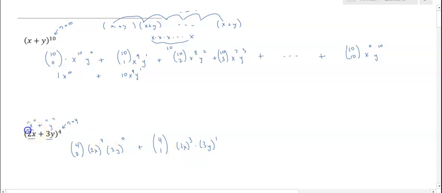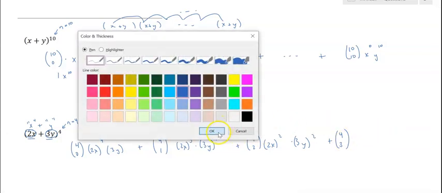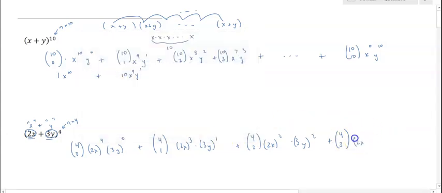So again, think about this whole unit as x and this whole entity as y. Plus 4 combination 2, 2x squared times 3y squared, plus 4 combination 3, 2x to the 1st, 3y to the 3rd. Oops, I was already going back to using just x's and y's, but what I should have is 2x to the 1st, 3y to the 3rd, and almost done.